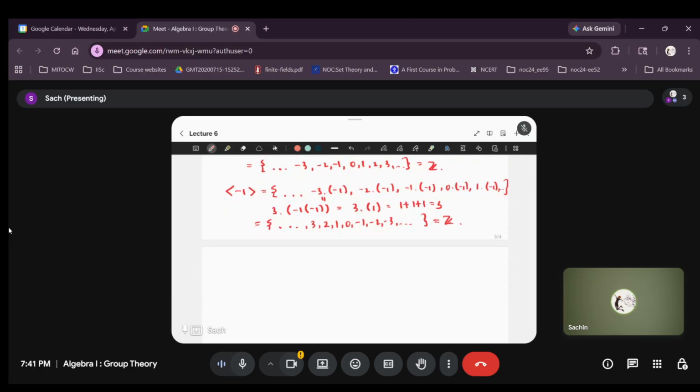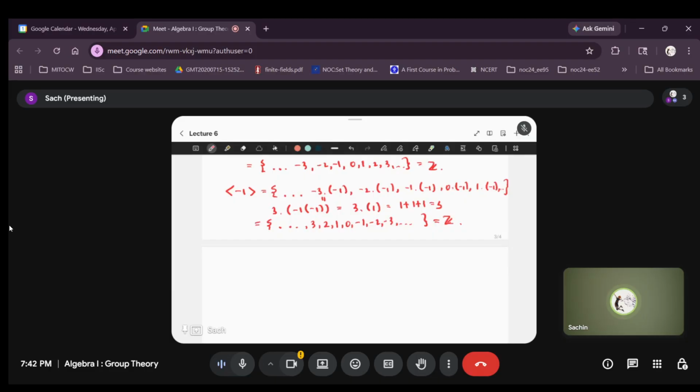Actually, there is one interesting thing about the subgroups of integers which is useful. Some of the things that I had shown regarding the greatest common divisor, I had given one kind of proof.